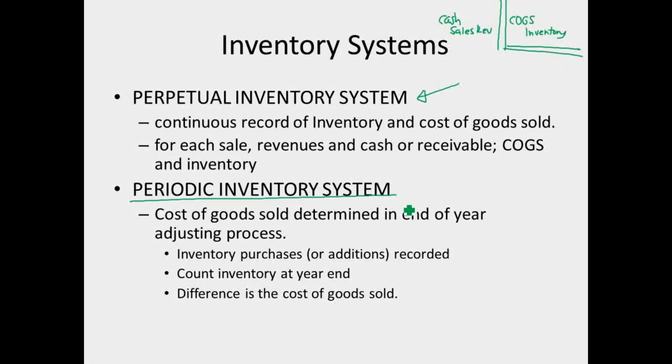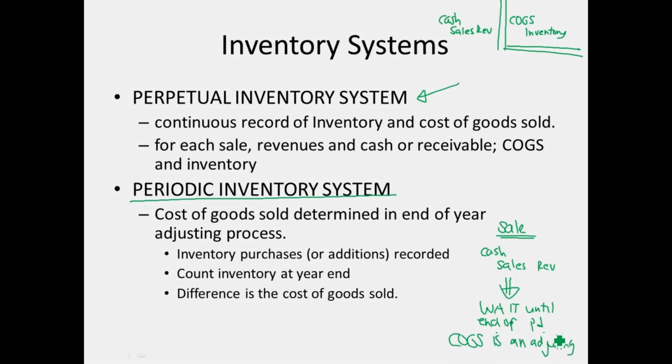So what we do instead is we record a sale when we make it. So the sale prompts an immediate journal entry. We get cash and sales revenue. But we wait until the end of the period, and cost of goods sold is an adjusting entry.